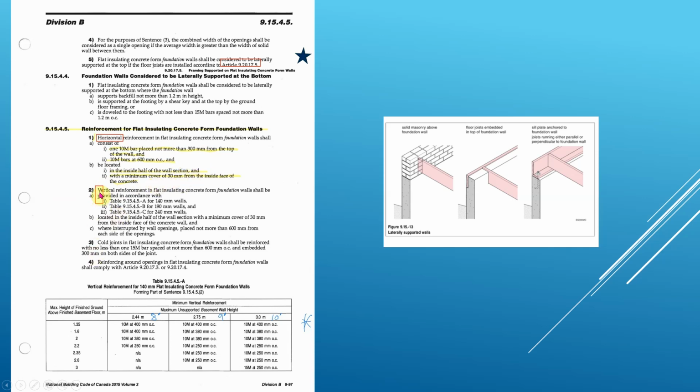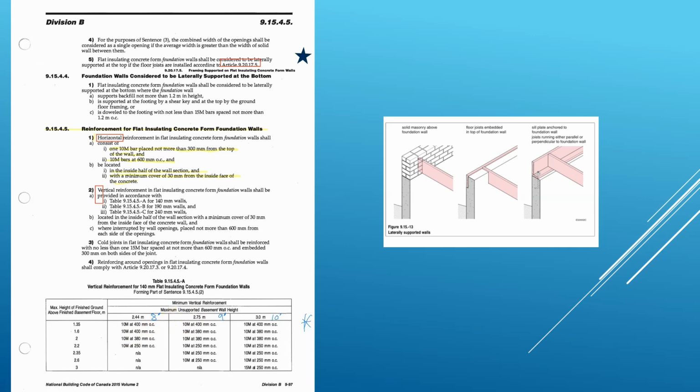Okay, and then your vertical reinforcement bar will go off depending on what thickness your wall is here. That'll go off that table. For example, if we use a 6-inch wall here, I've got a minimum vertical reinforcement for an 8-foot wall of 10M. I'm not sure about this table because there's a little bit of a question.